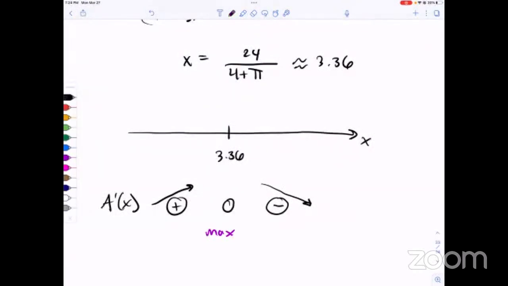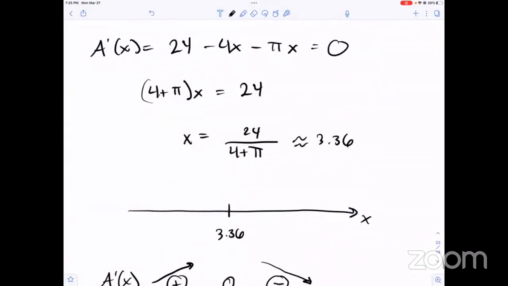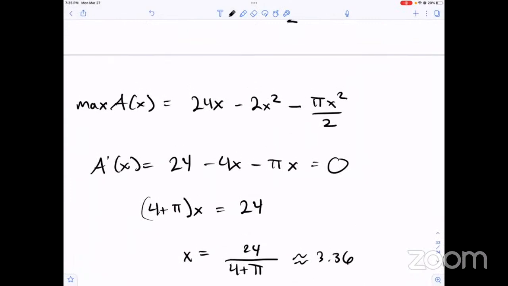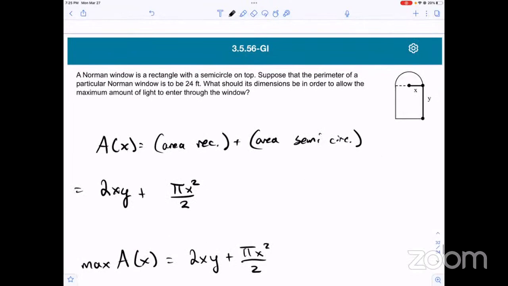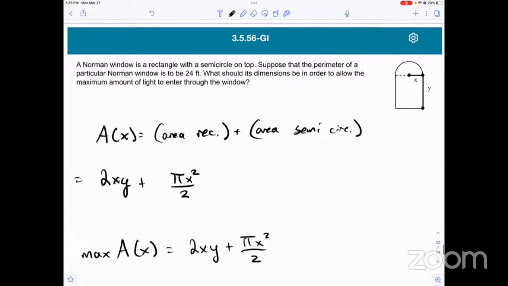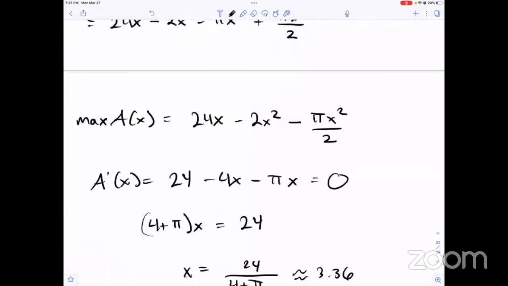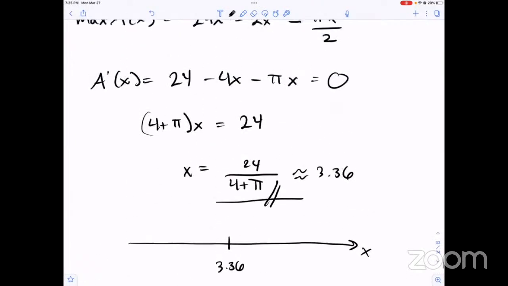So the max occurs at this X. The question said, what should its dimensions be in order to allow the maximum area? So we got our X, the X that we got was this one here. And then we just need to find the corresponding Y right here. We can use this.